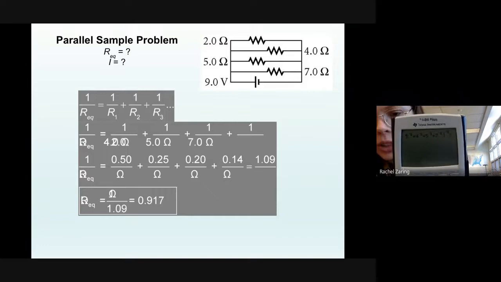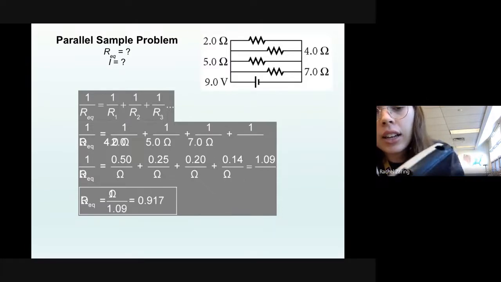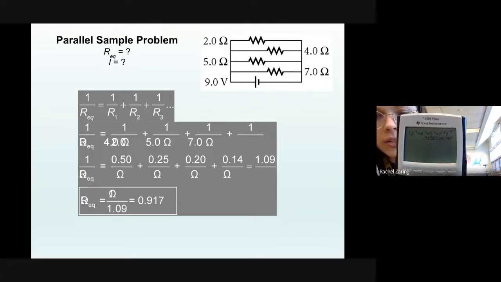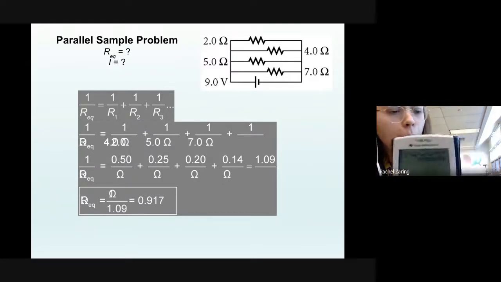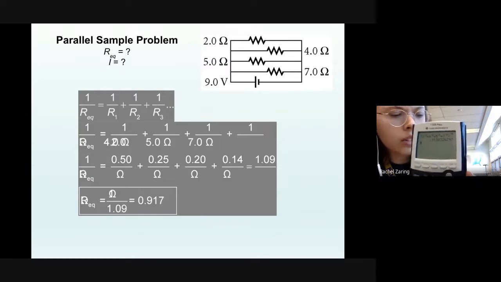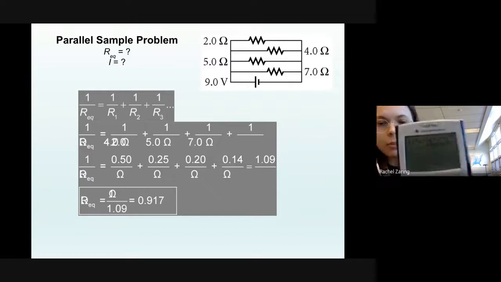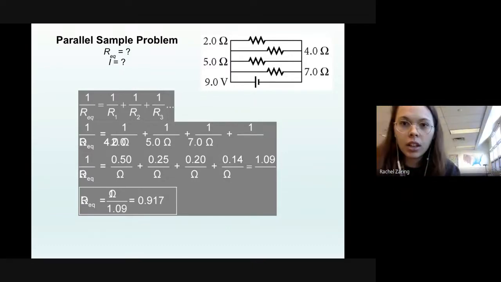That is a really simple way to write this into your calculator without having to do the 1 divided bys. And it gives us the correct answer of 0.917. If you did it the old-fashioned way, you might have gotten a little different rounding, but you're about the same. So that's a little trick for your calculator.